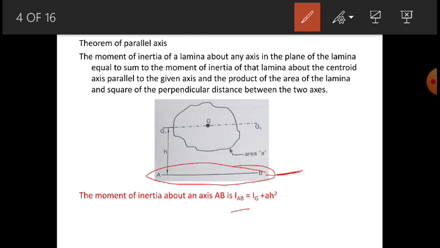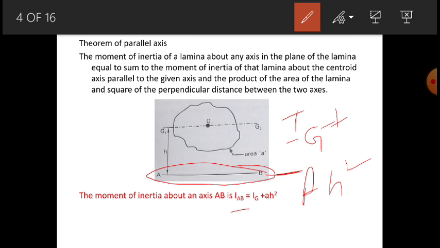That time it is the moment of inertia of the body about the centroid, plus the area of the body into the square of the distance h between the centroid and the axis. That is what this theorem is trying to explain.